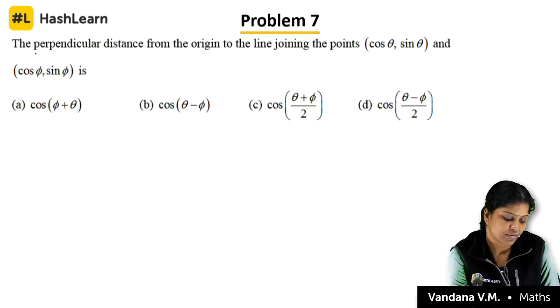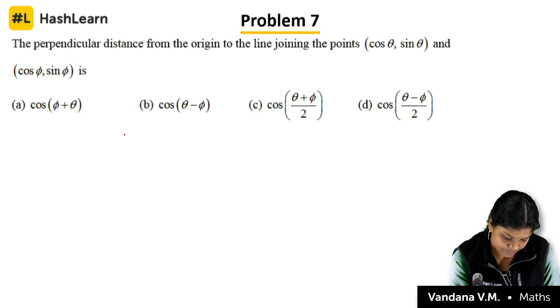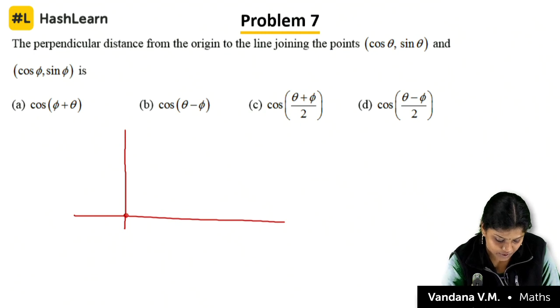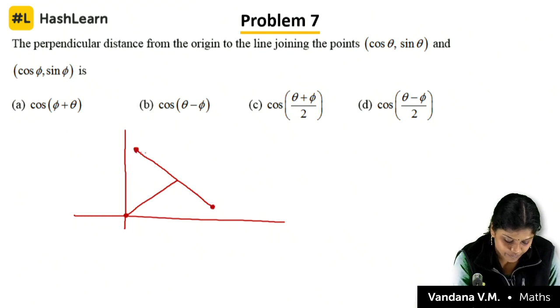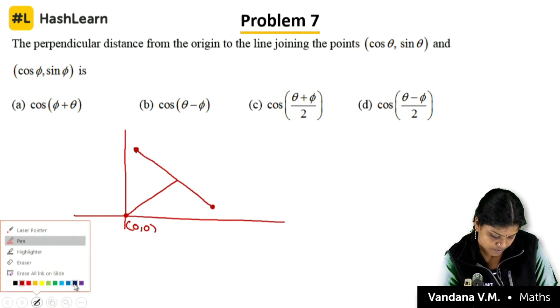So, very interesting. The perpendicular distance from the origin, that line is joining the points 0 comma 0.